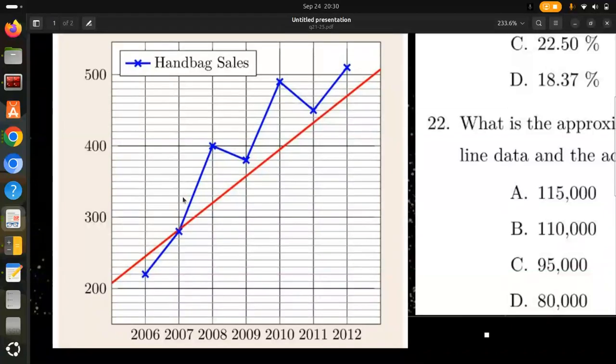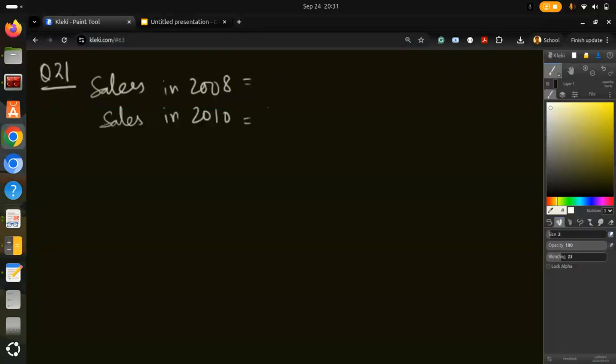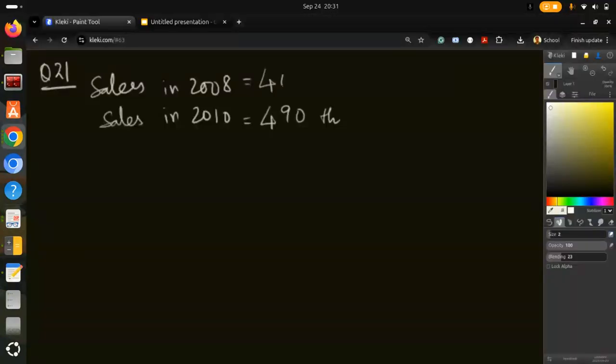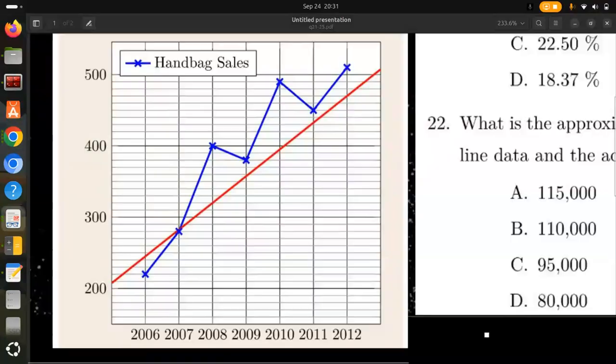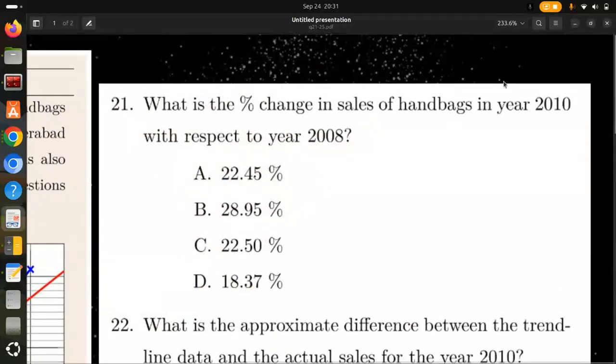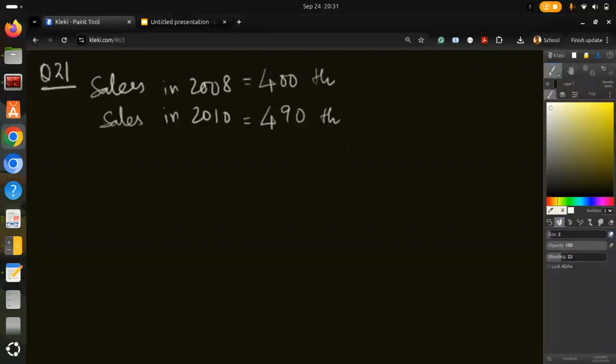So we need the 2010 and 2008 data. For 2010, I'm looking at the blue line, which is the sales. Here I can clearly see it is 490,000 in 2010, and in 2008 it is exactly 400,000. The question asked is the percentage change with respect to 2008.